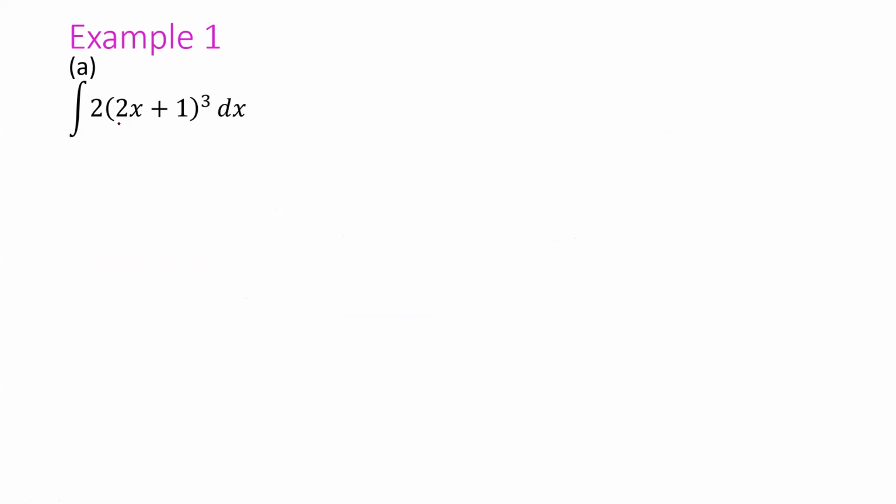So in this case, there's clearly this inside function 2x plus 1. So let's call that u. If I'm going to let u equal to 2x plus 1, now this is a good choice because we notice that the derivative is just 2 times dx. And I see that here we've got 2 dx right there. So 2 dx, that's our du.